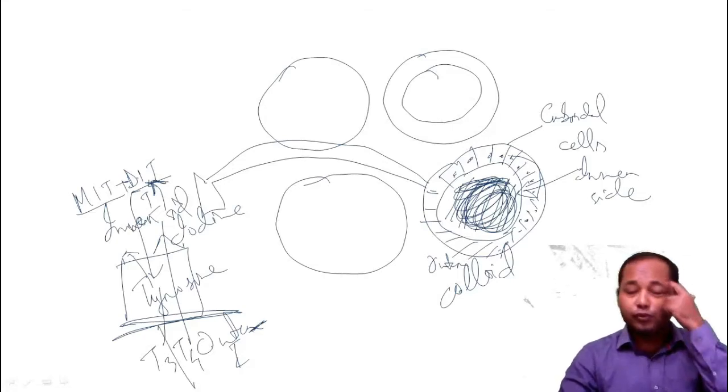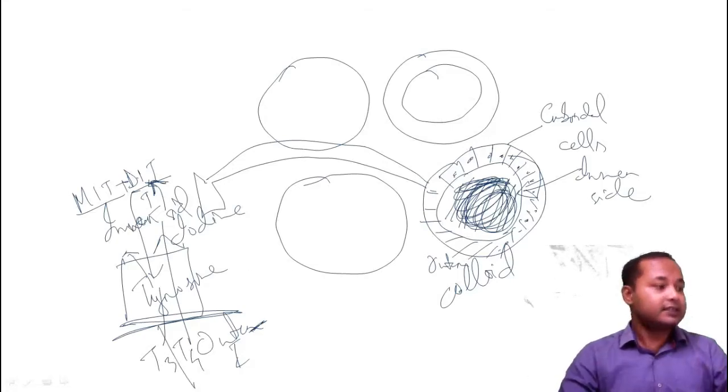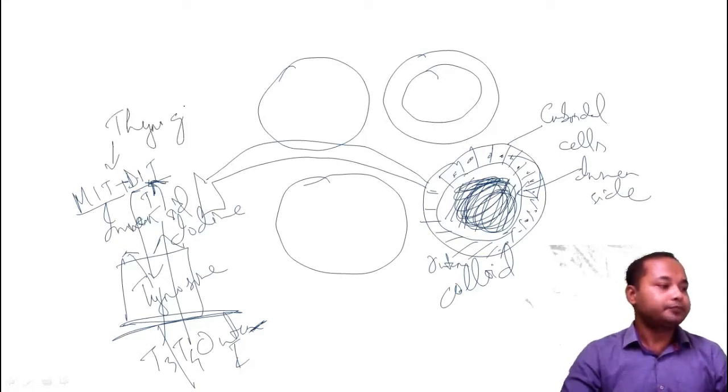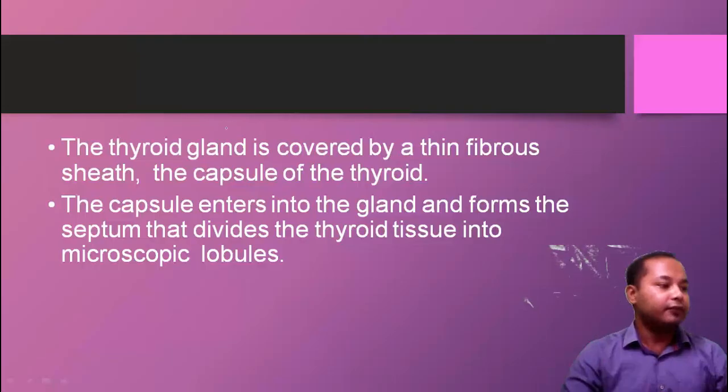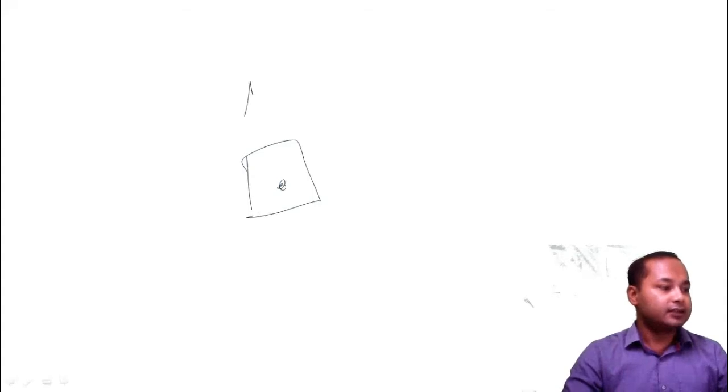Just don't go into much detail. Just remember that these are thyroglobulins, so the globin protein form. This got omitted, so let me draw once again. This is the cell, this is the luminal side, and this is the base, the outer aspect of the cell.